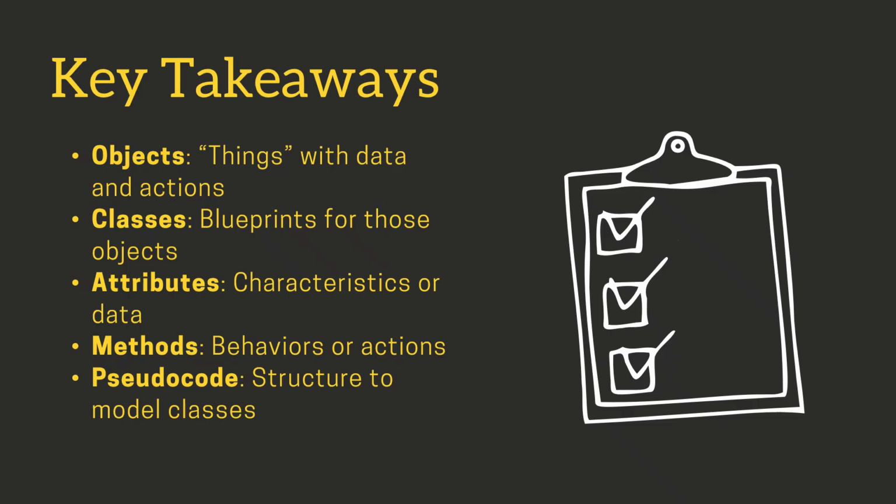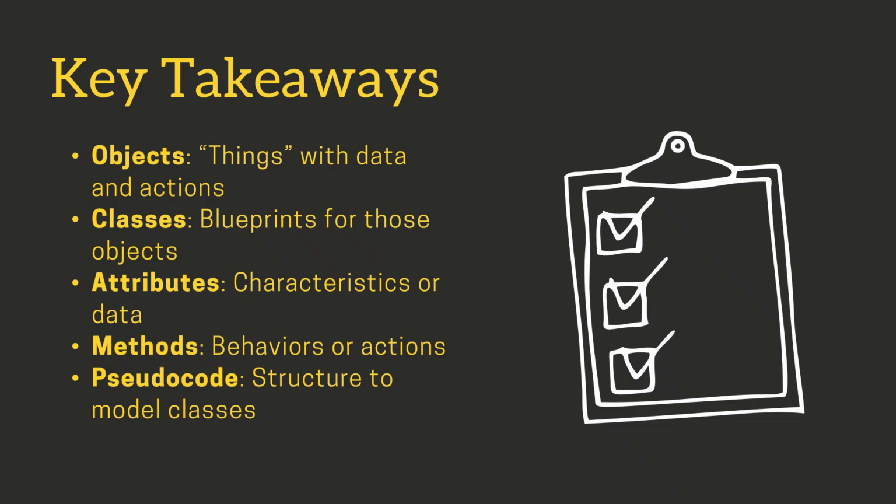We talked about attributes. Attributes are the characteristics or the data describing the object. Examples would be name, price, quantity in stock, category, SKU. Our methods, remember, are the actions that the object can perform or can be done to it.